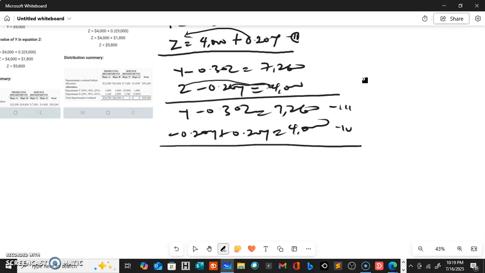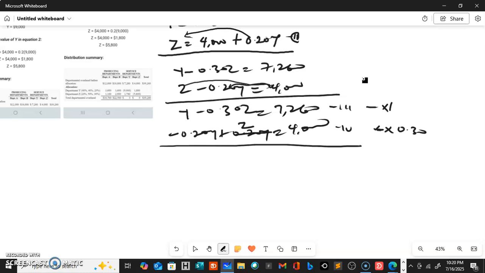Sorry, this should be Z, not Y, please. So this should be plus Z. Let us multiply this by 1, and multiply this by 0.30.